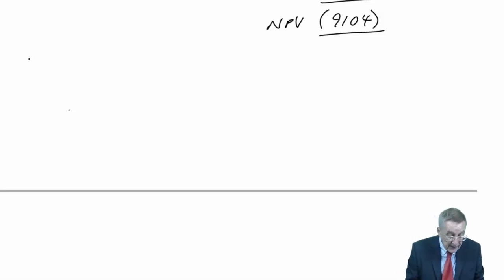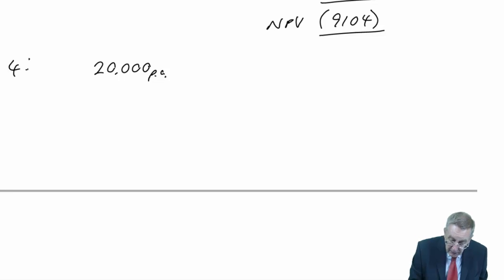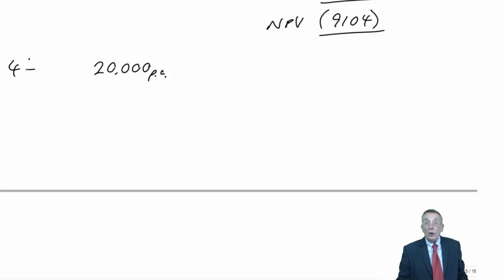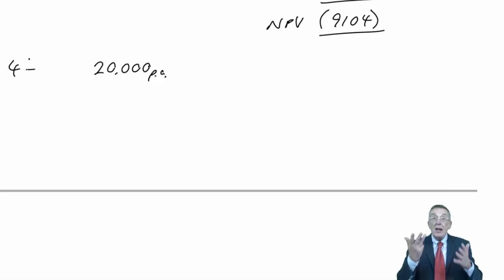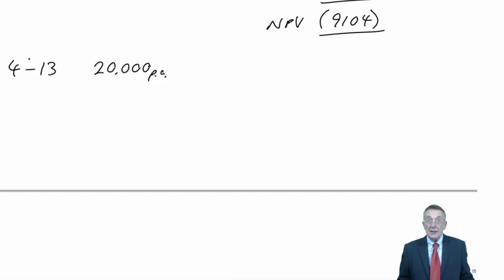But more sensibly, it's an annuity, so it's 20,000 per annum. The first receipt is in time 4. There are 10 in total, so you're going to get it in 4 years, 5, 6, 7, 8, 9, 10, 11, 12, 13. The last receipt is in 13 years' time.